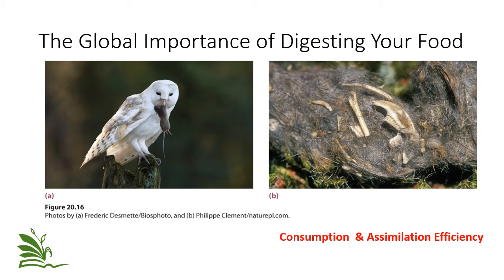And ultimately, some of that vole is not going to be digested and assimilated into the bone structure or the feather structure or the meat structure of that snowy owl. Some of it is going to be regurgitated in a pellet. And that may be true for owls or any consumer.